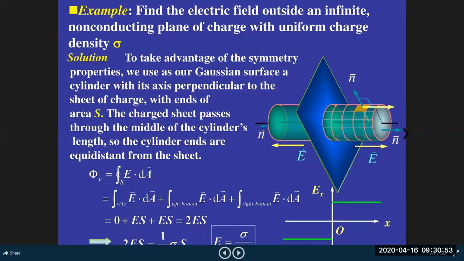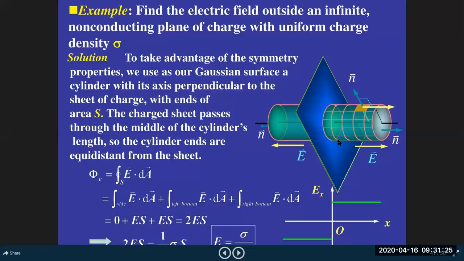Okay, so next thing that we have to remember, I think all of you would have understood well. Now try to understand this graph. If you take the x-axis as the axis of this cylinder, then you will see that as we move away from the sheet, the electric field remains constant, because in the expression electric field equals sigma upon 2 epsilon naught, distance does not appear.